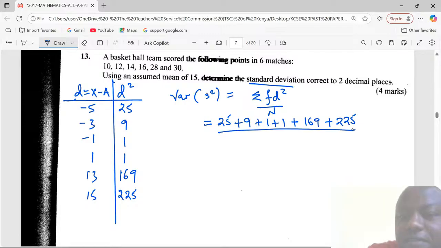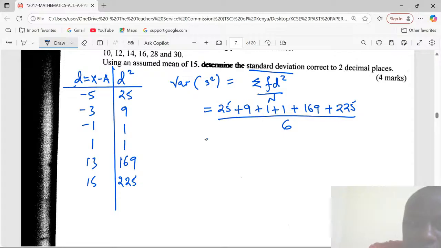Then we divide everything by 6, for 6 matches. I'm getting 430 out of 6. When this is divided by 6, we get 71.67.